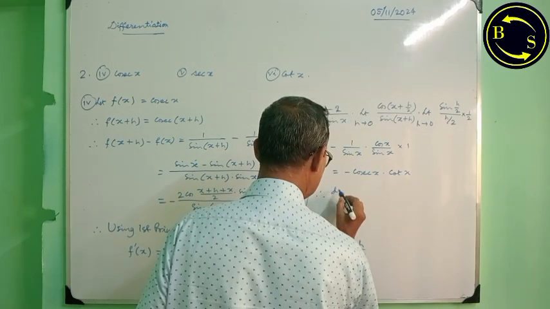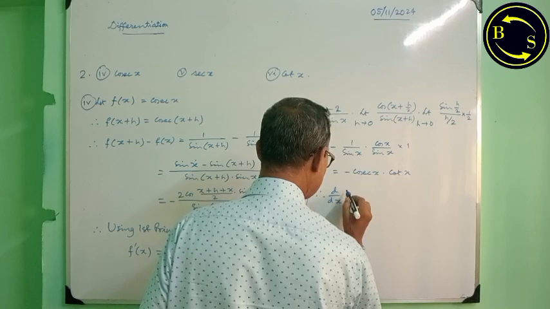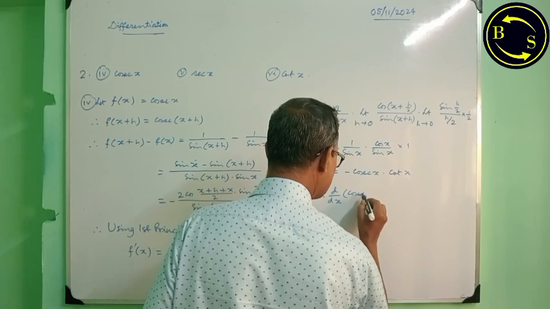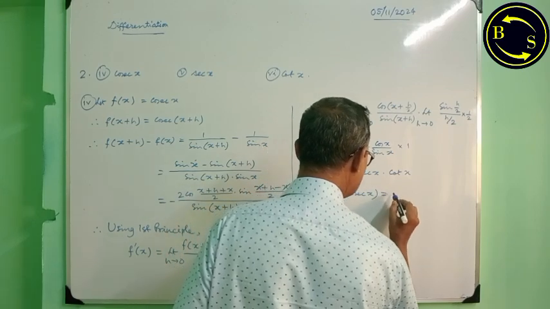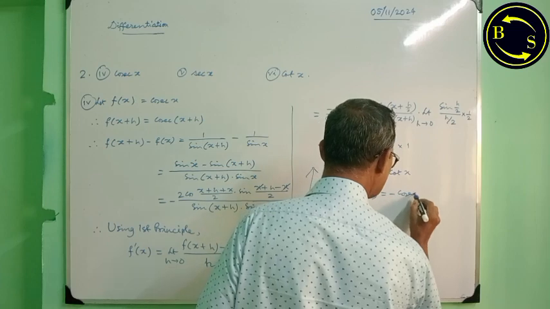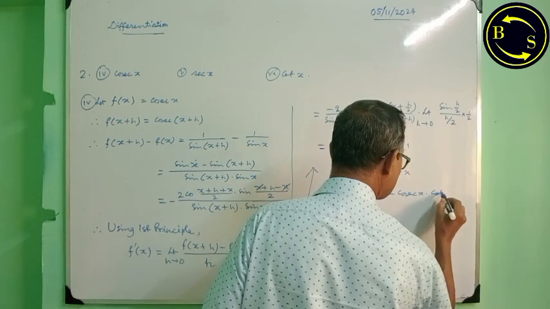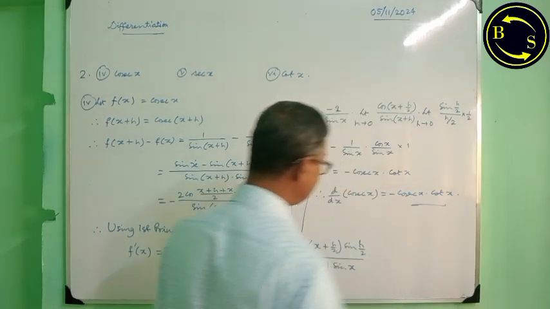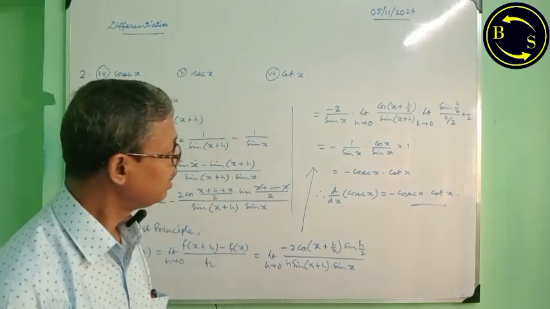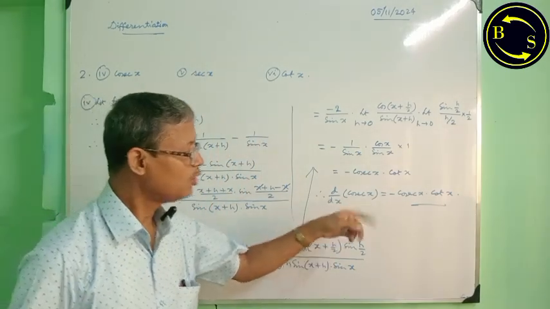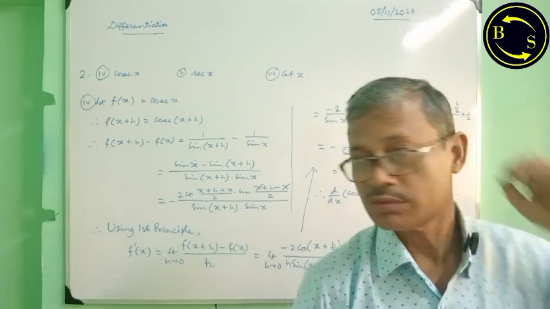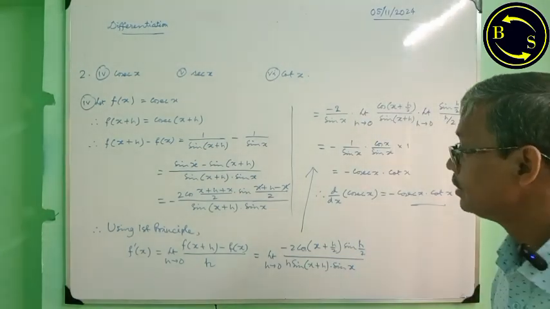Therefore d/dx of cosec x will be equal to minus cosec x into cot x. Derivative of cosec x, we have got the result minus cosec x cot x.